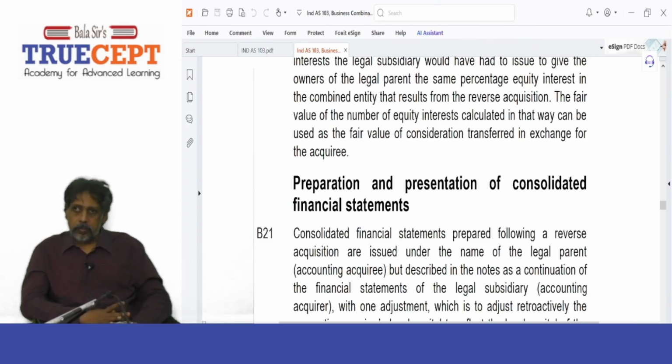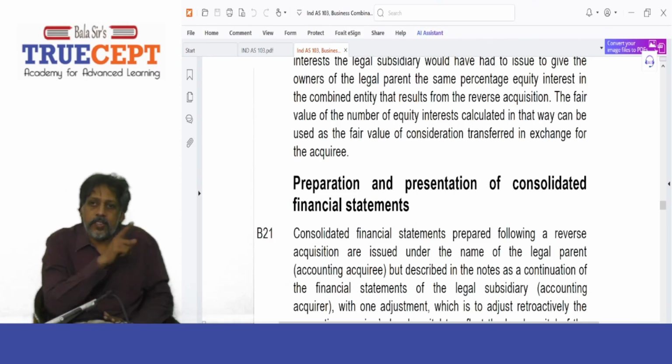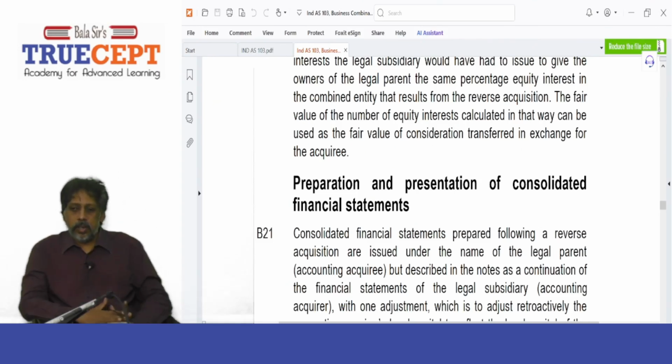But there it is justified that if other information is available that is more accurate, use that. IND AS 103 talks about fair value of consideration, right? Suppose you feel rupees 40 is not reliable, rupees 16 is more reliable, then use that information to find the purchase consideration. Understood? Next.